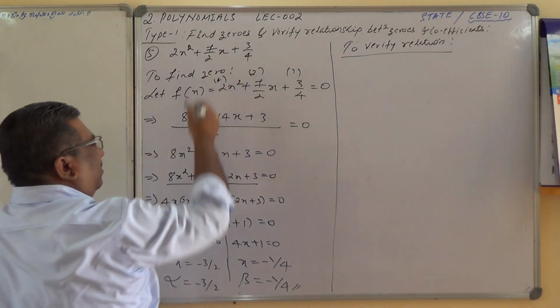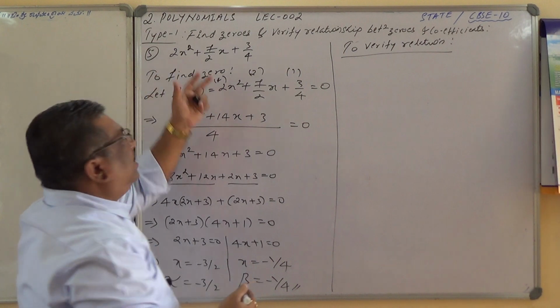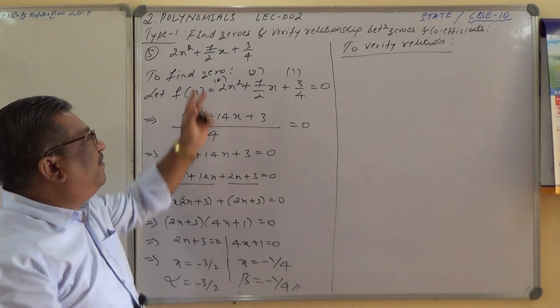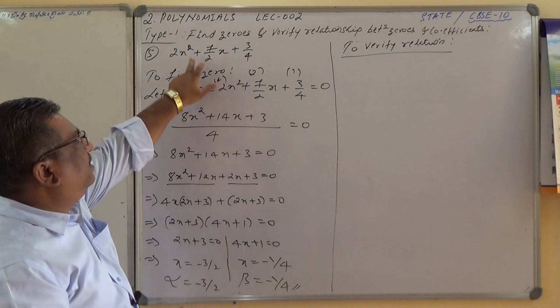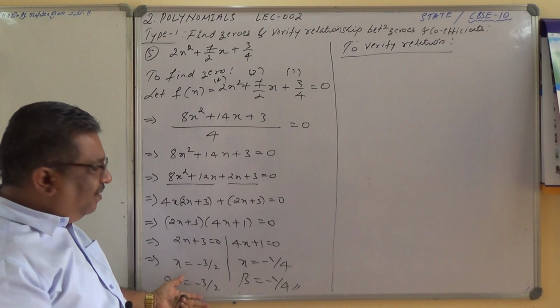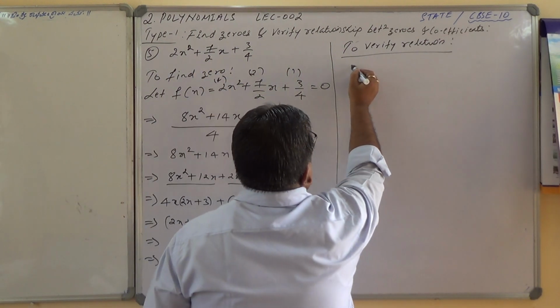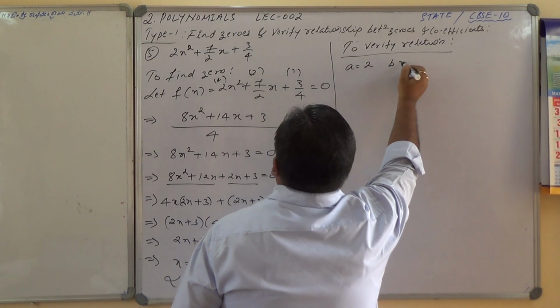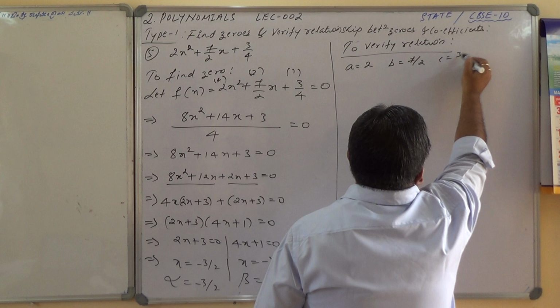I can take this equation and prove, or even if I take this equation, the coefficients A, B, C, it will not make any difference. You will get the same answer whether we take this equation or this equation. So let me take here itself and see whether we can find out these things or not. Let's take A, B, C as here. A equals 2, B equals 7 by 2 and C equals 3 by 4.